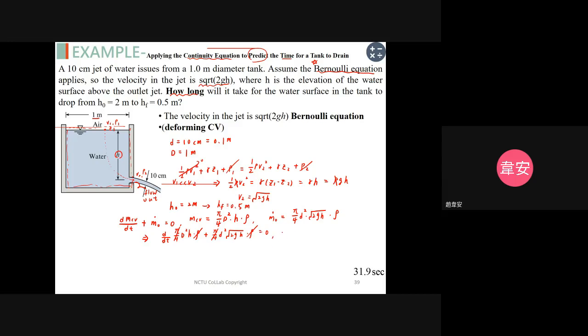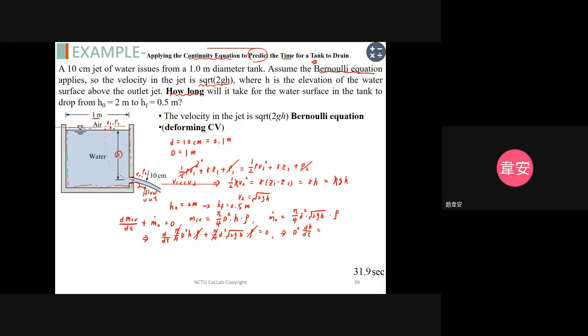And we just reorganize the equation. The D squared does not change with time, so I take out the D squared, and inside we only have dh/dt.